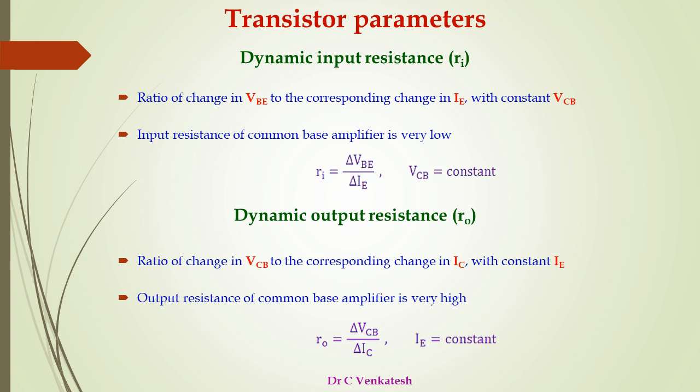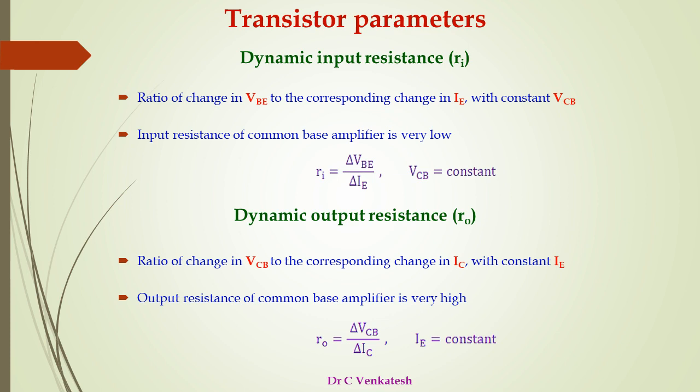Dynamic input resistance is defined as the ratio of the change in input voltage or emitter voltage VBE to the corresponding change in input current or emitter current IE, with the output voltage or collector voltage VCB kept constant. Ri equal to del VBE by del IE, keeping VCB constant.